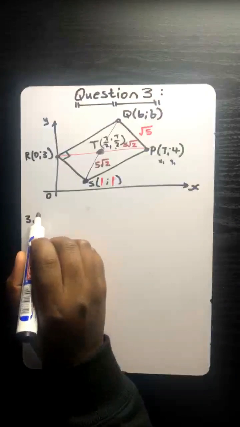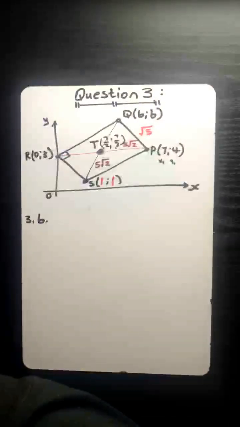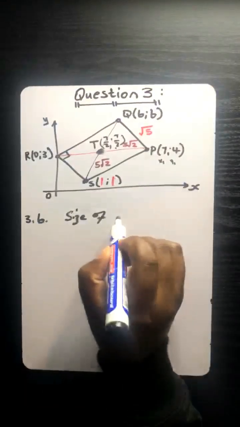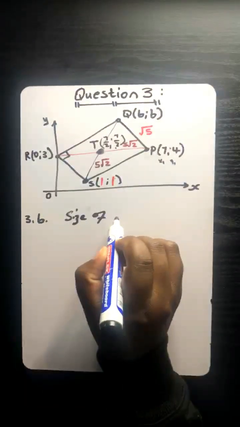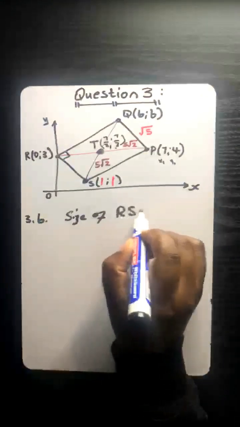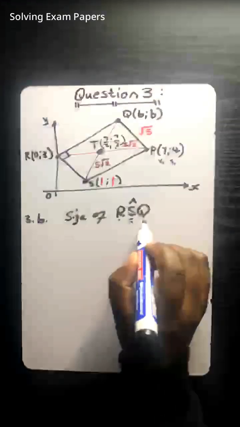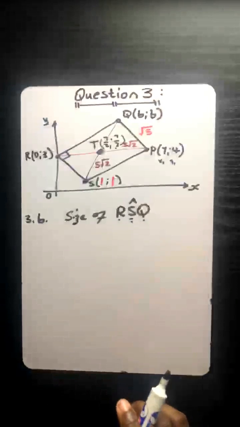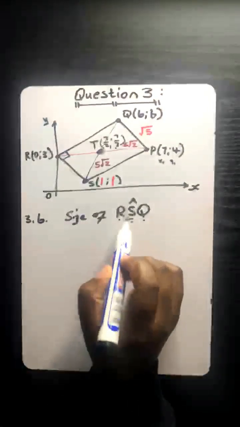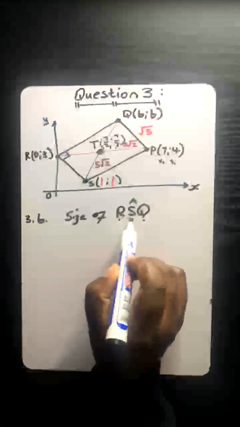We are now on the last question being 3.6, which says calculate the size of angle S in triangle RSQ. Yes, that's what it means.